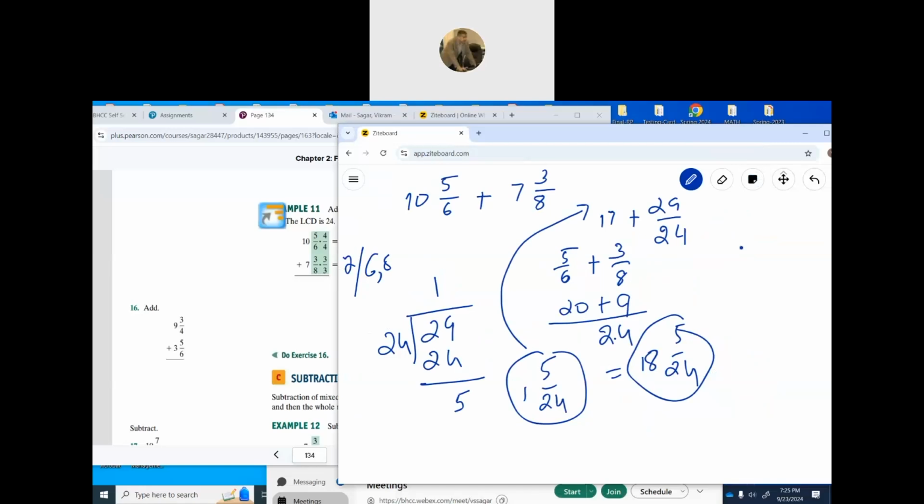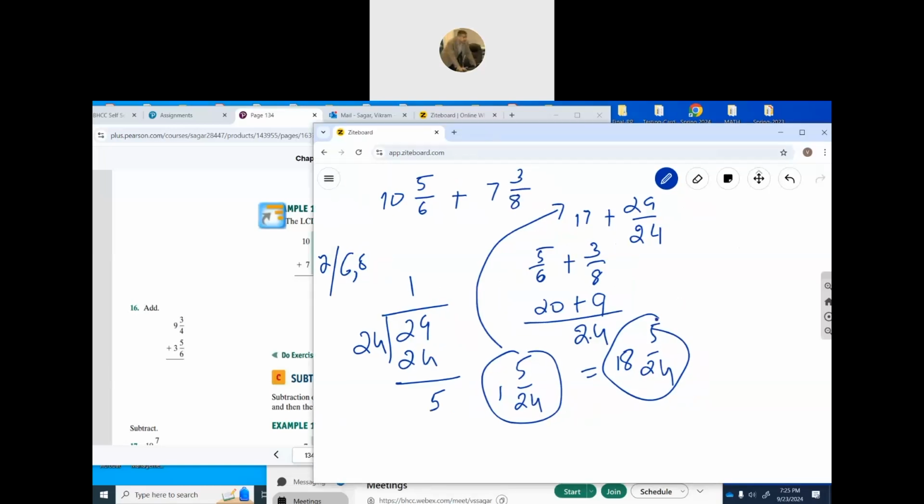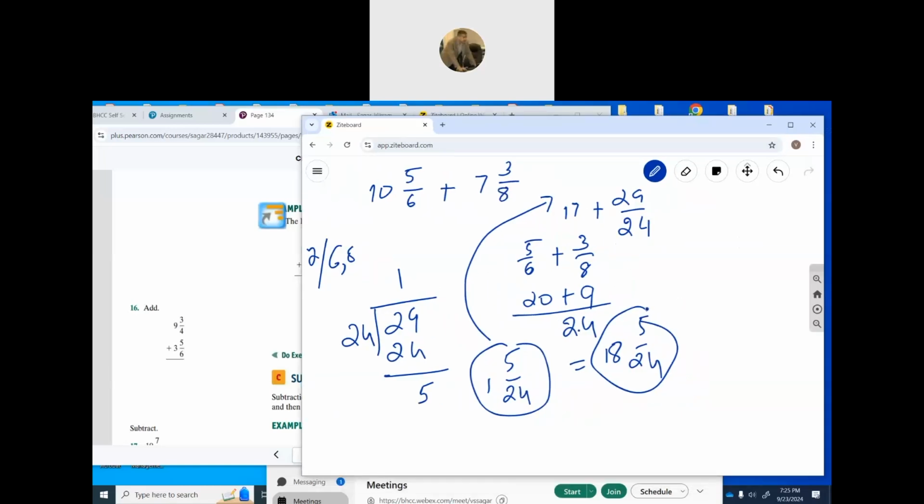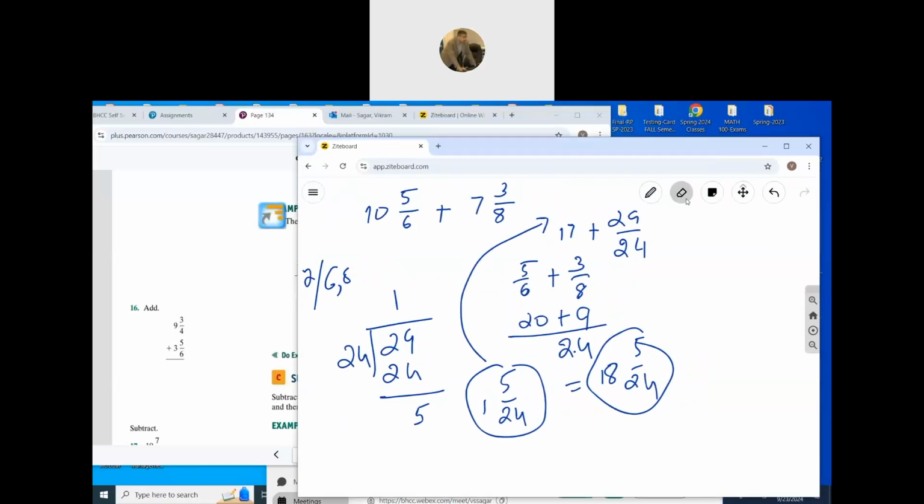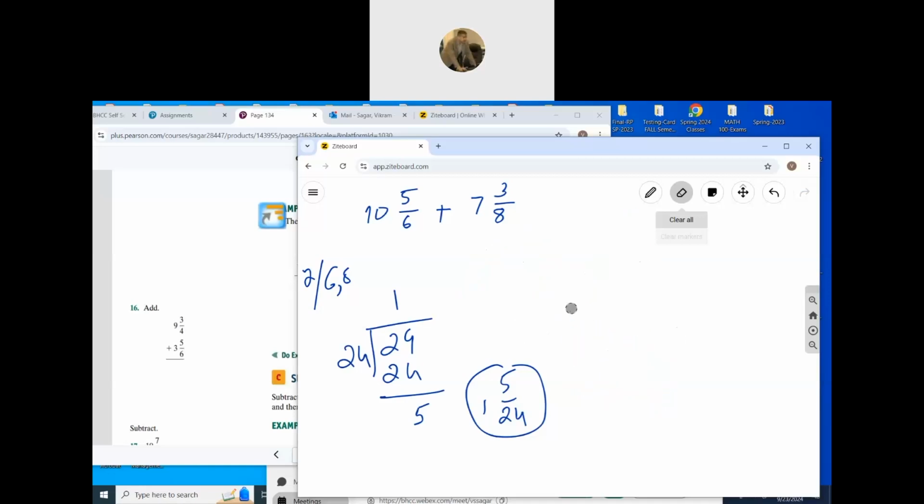So we're gonna stay with the one method. So this is what we did step by step, like the way your book is also doing. So now the way we learned.